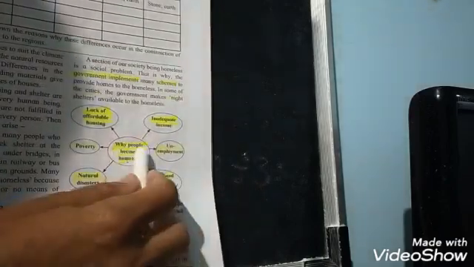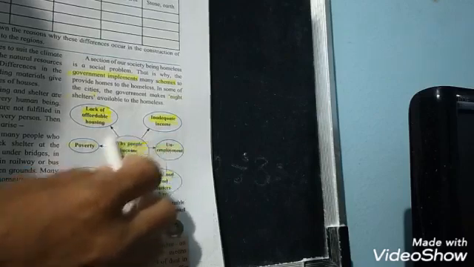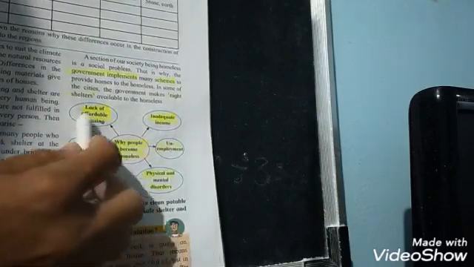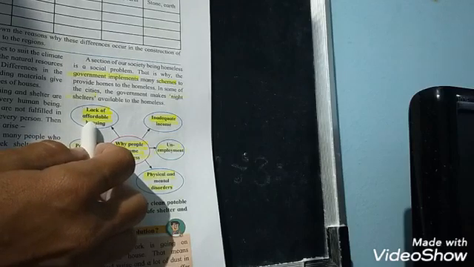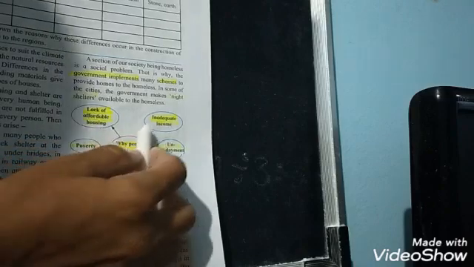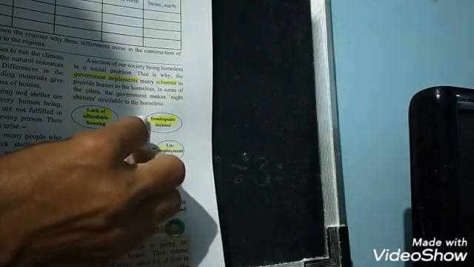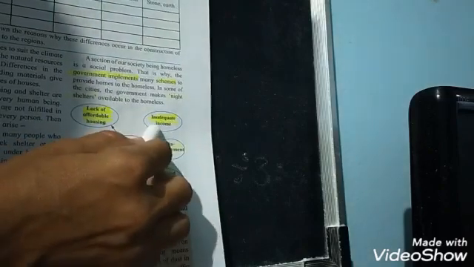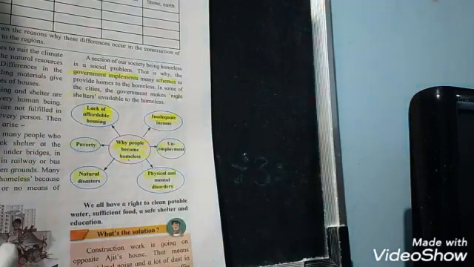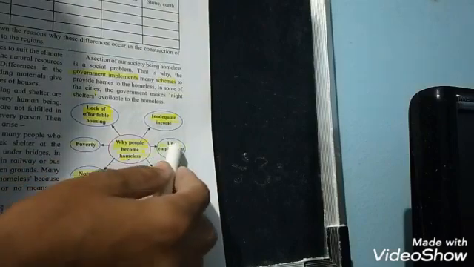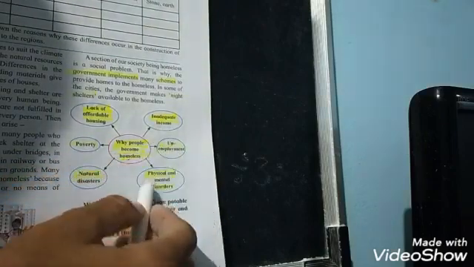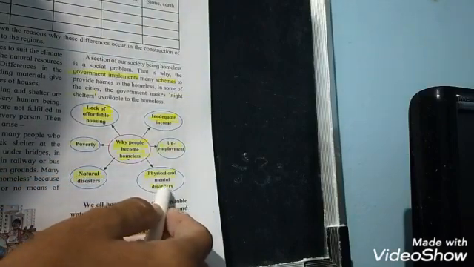See, why people become homeless, these are the reasons. Lack of affordable housing. There is no place for housing. Inadequate income. Inadequate means not sufficient. Income is very less. Unemployment, they don't have a job. Physical and mental disorder.